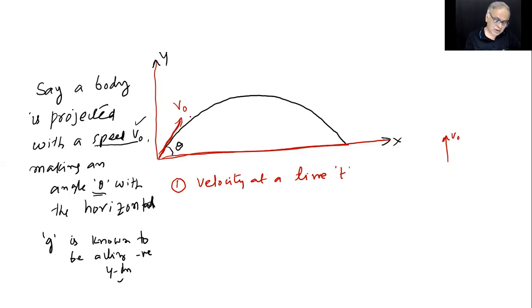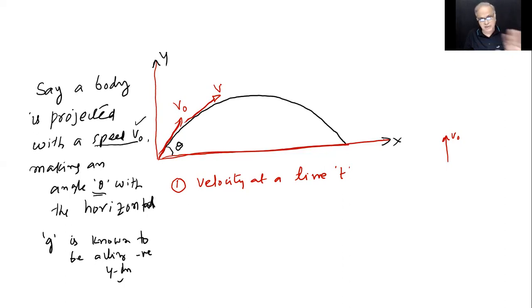So at time t, you think the body is here, for example. So once again, the velocity will be along the tangent, children. Again and again, I'm telling you, direction of instantaneous velocity is along the tangent to the curve. And that's also the direction of motion.